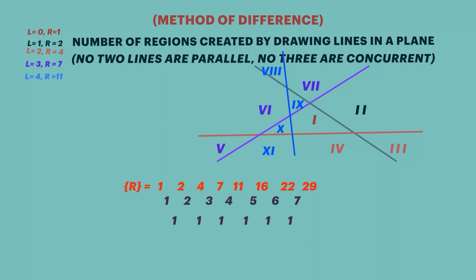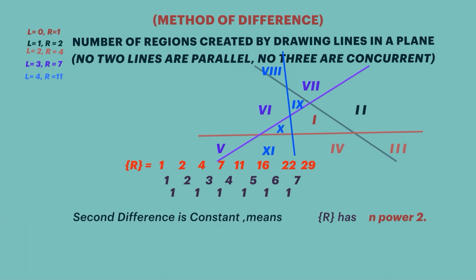From this we come to the decision that in the nth term of the sequence R, the maximum power of n is 2, because the second difference is constant: 1, 1, 1.